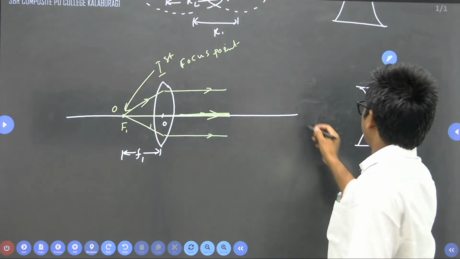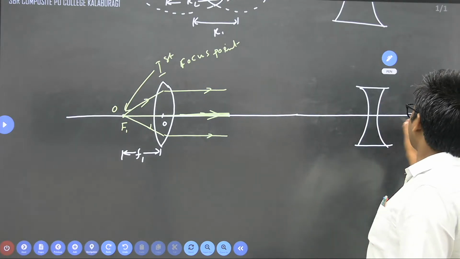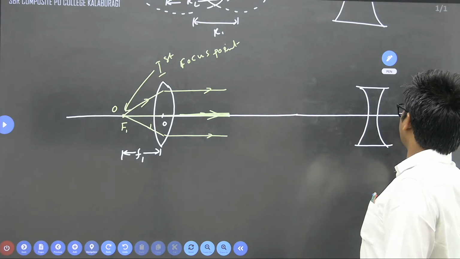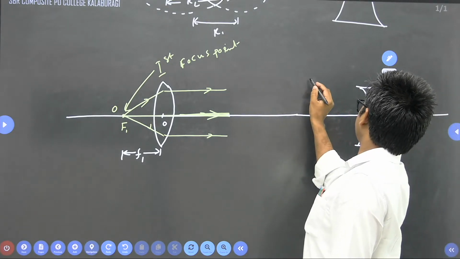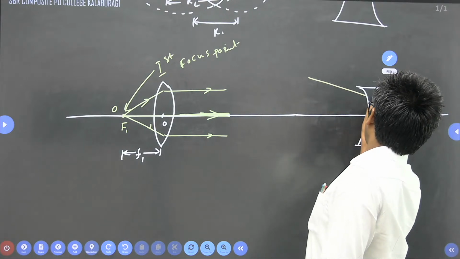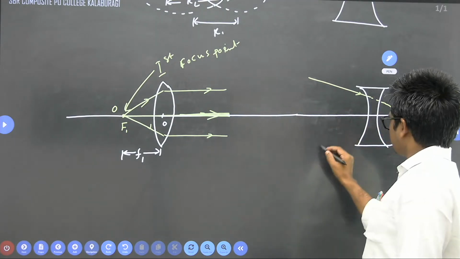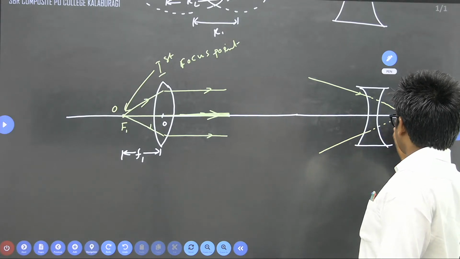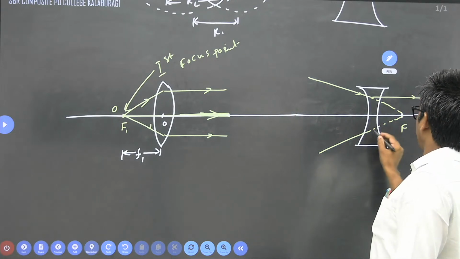Let me take the principal axis. Somewhere there is a point here on the other side of the lens. Suppose the rays are converging to this point. If the rays are actually heading towards this point, after refraction they become parallel.